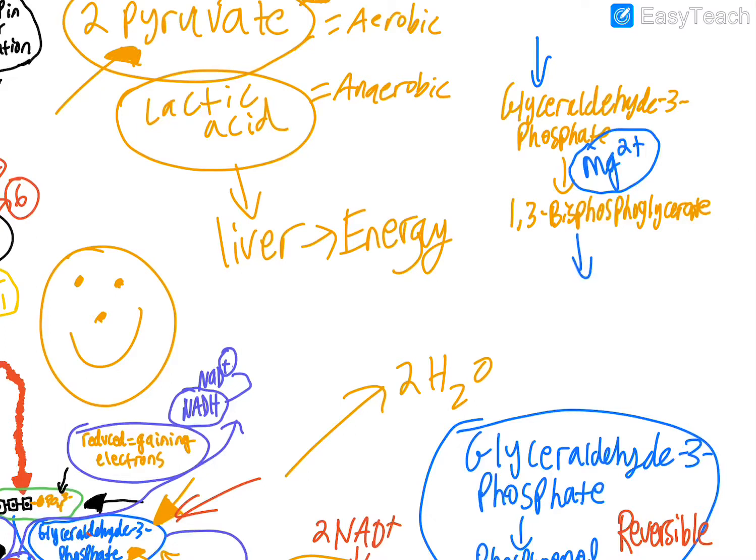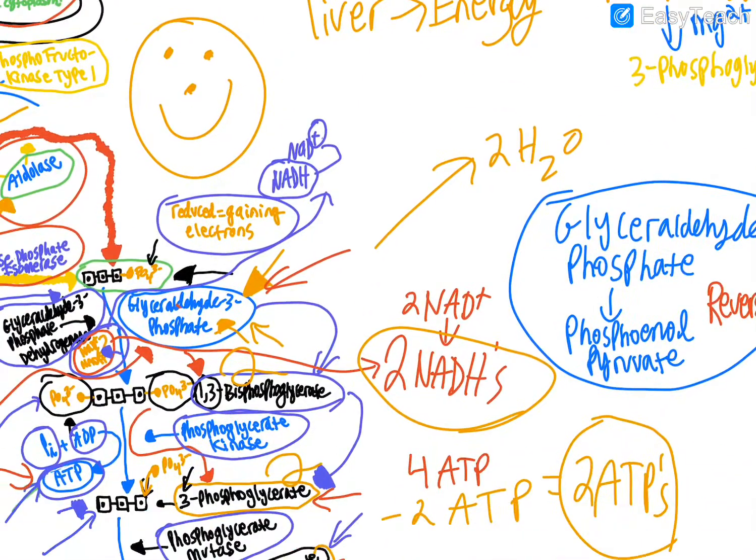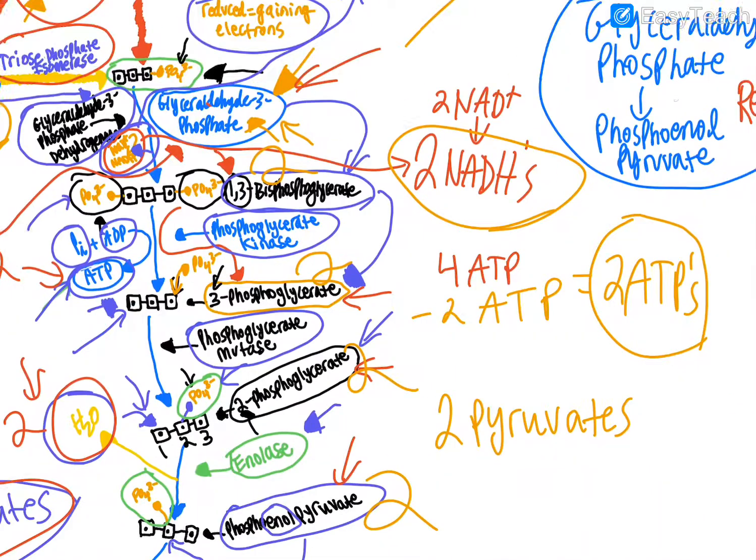And then from 1,3-bisphosphoglycerate to 3-phosphoglycerate, we also use magnesium as a helper, because we make an ATP here. And when we go from phosphoenolpyruvate to pyruvate, I think we have room down there to write this down so we can actually see it.